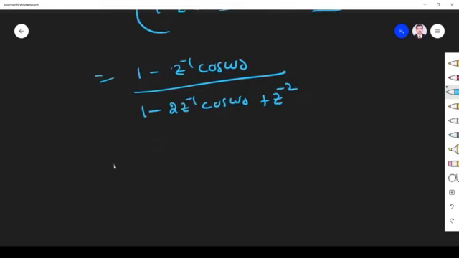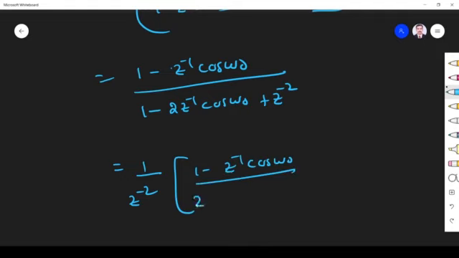Fine. So take z power minus 2 outside. What will happen? This will become 1 by z power minus 2 times 1 minus z inverse cos omega naught divided by z squared minus 2z cos omega naught plus 1. So you multiply: z into z power minus 2 gives z, and 1 into z power minus 2 gives z power minus 2.